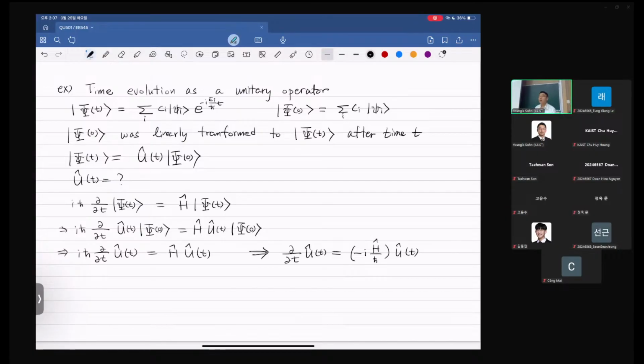This equation looks very familiar, because you take the differentiation as a function of time and you get yourself multiplied by some constant. The only caveat is that U(t) is not a usual function, and H is not a usual number you were using. They are all operators.